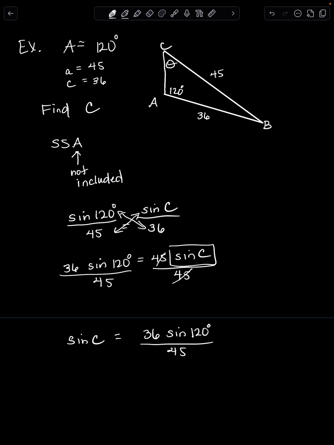Now what? Well, if I'm looking for an angle, hopefully you've remembered, you have to use the inverse function. In other words, I'm looking for the inverse sine of all this.